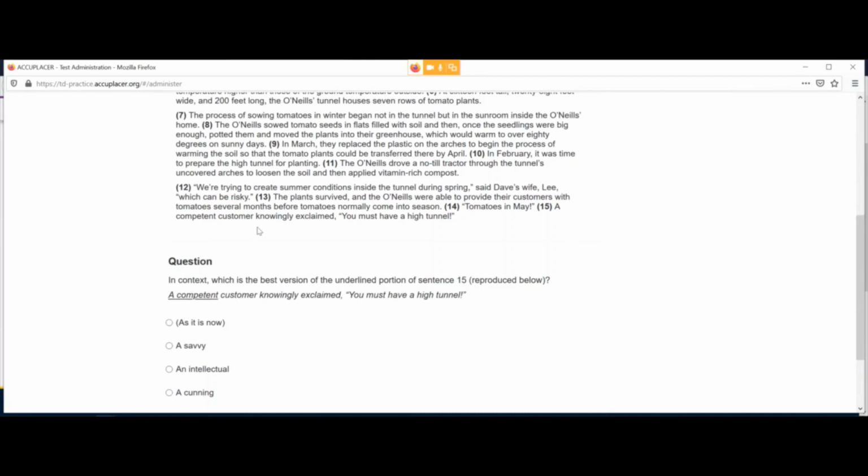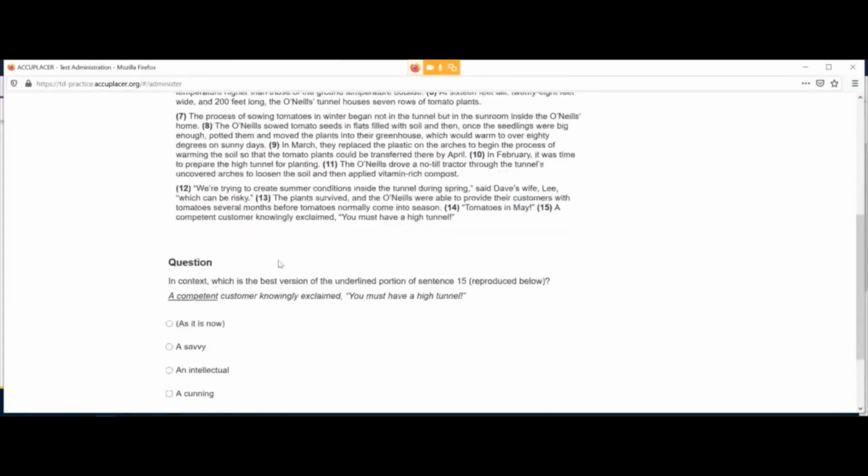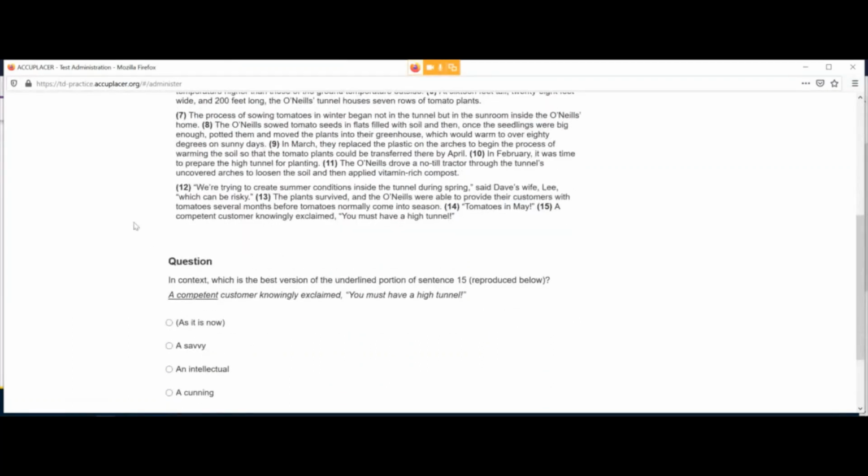Since it's the last sentence, it's going to be in the last paragraph of the passage here. And let's read that and see if we can figure out what the answer might be. We're trying to create summer conditions inside the tunnel during spring, said Dave's wife, Lee, which can be risky. The plants survived, and the O'Neills were able to provide their customers with tomatoes several months before tomatoes normally come into season.